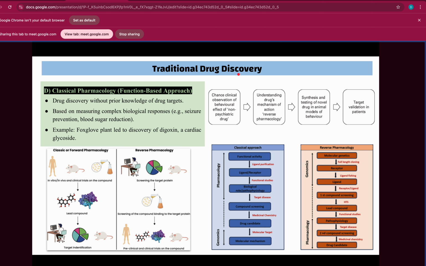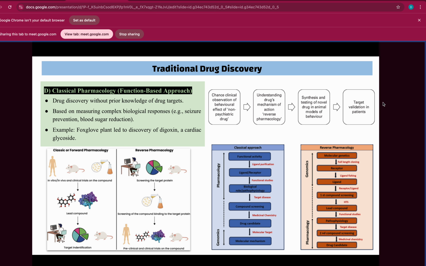So we start with the effect, and then we understand the mechanism, which comes under reverse pharmacology, where we look for the mechanism of the drug, followed by synthesis and testing of the novel drug in animal models of behavior. After the mechanism is identified, we can synthesize the novel drug by modifying the drugs from where we started. So this is simply the optimization and ultimately target validation in patients.